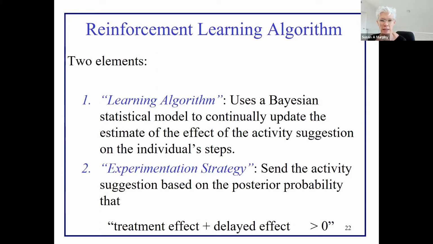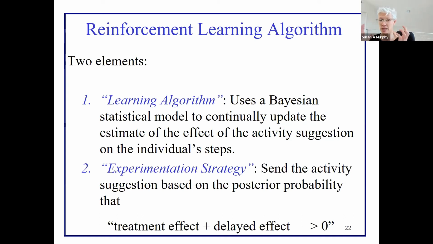That doesn't tell us what to do. The second part of the RL algorithm is an experimentation strategy. The experimentation strategy tells us how to randomize whether or not they should get an activity suggestion at that time in that setting: morning, home, work, good weather, bad weather, and so on. It uses the Bayesian analysis from the learning algorithm.